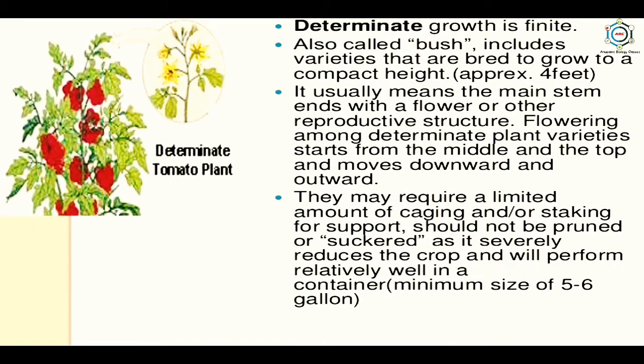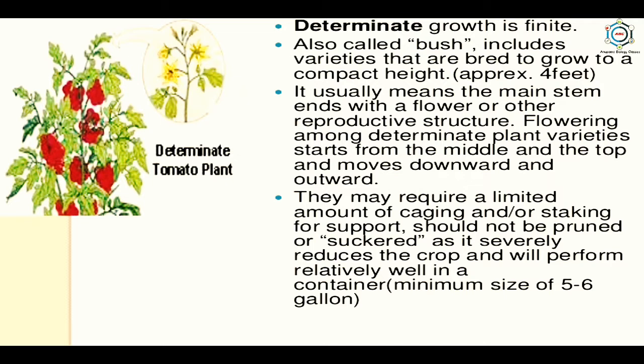Now, see here the determinate growth. Determinate growth is finite, also called bush, and includes varieties that are bred to grow to a compact height, approximately 4 feet. It usually means the main stem ends with a flower or other reproductive structure.